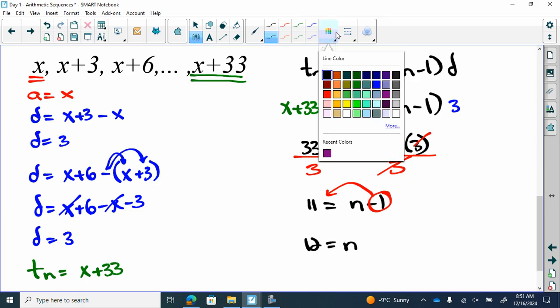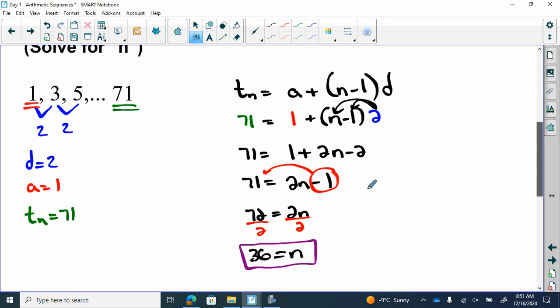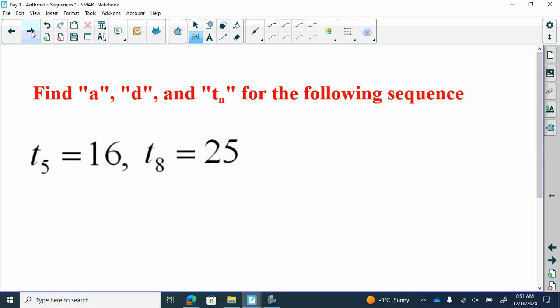How many terms are there? There are 12 terms. That's another way to solve that. Okay? Maybe a little quicker. Is it wrong to do it like we did up here? Absolutely no. Any issues with solving for n? All right.